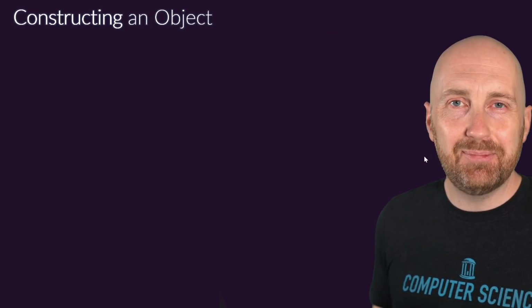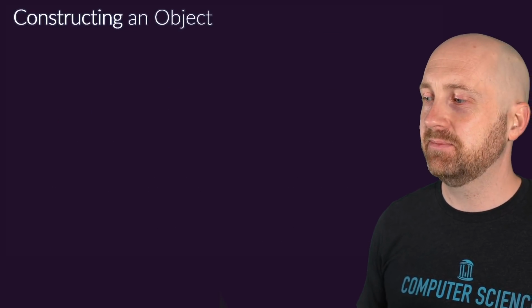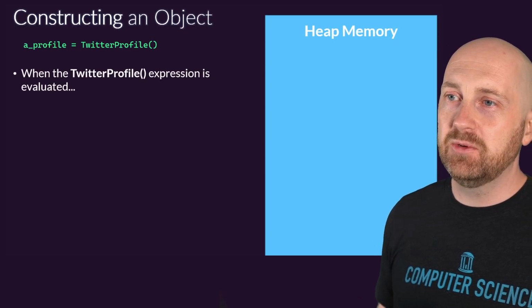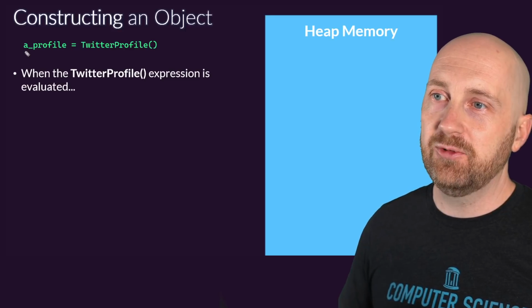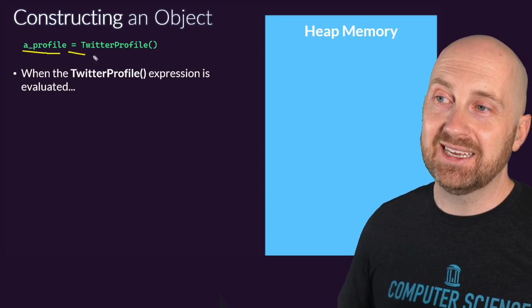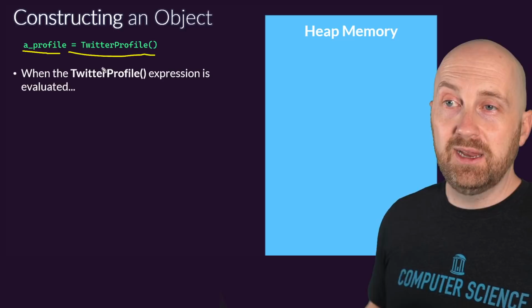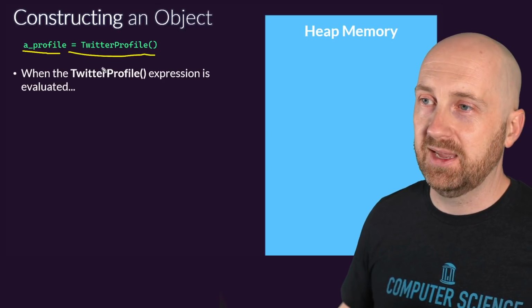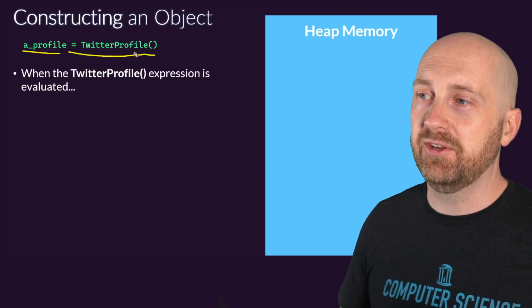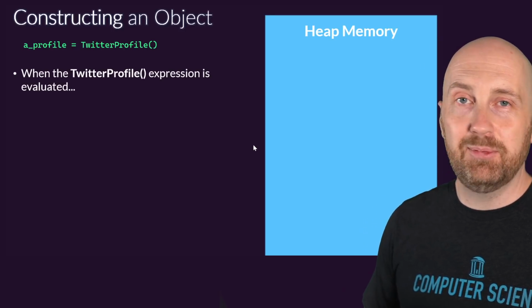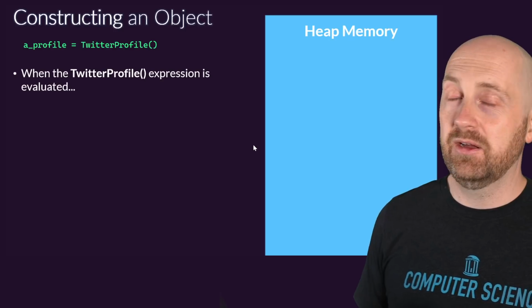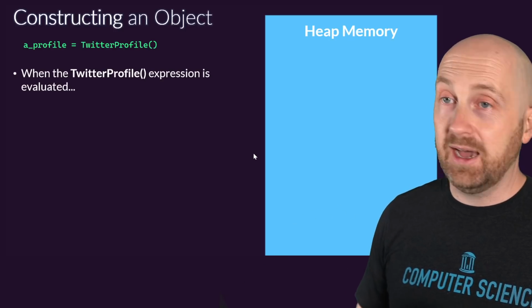So what's actually happening behind the scenes when we construct objects in Python? Well, imagine that we have the line of code at the top of this slide, where a profile is being assigned the result of evaluating the function call Twitter profile. And that is a call to the Twitter profile constructor. So when that expression is evaluated, what's going to happen in the heap area of our memory, not in the stack.